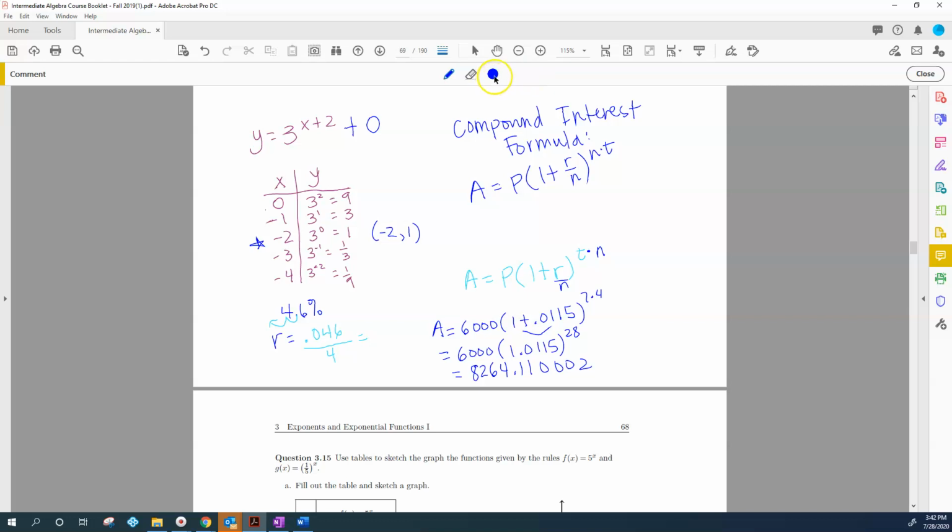And then I'm just going to quickly say on here, because I think it will be helpful, if you write down that P is the principal, or your start amount. The R is the interest rate.